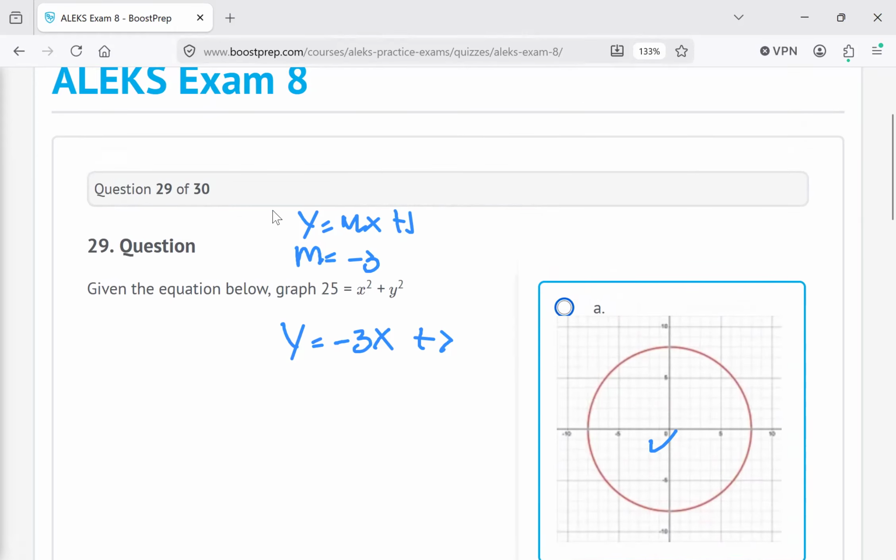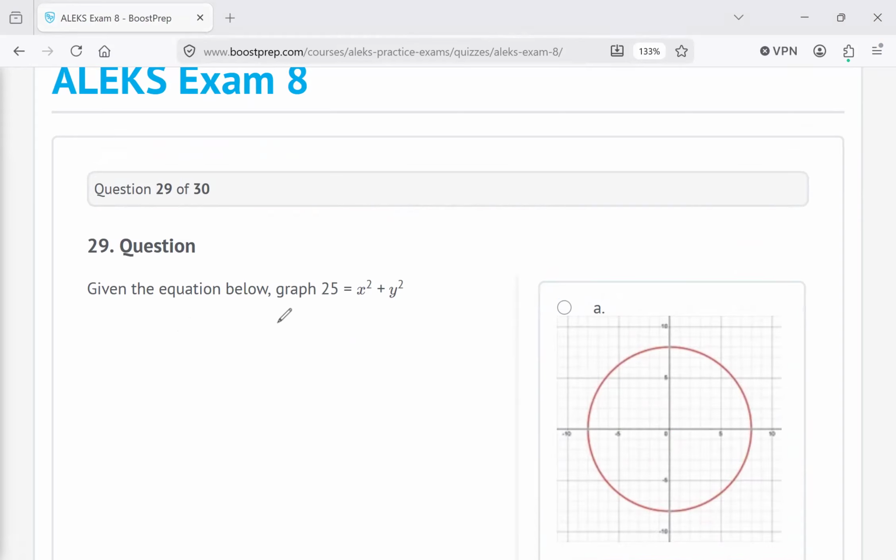This one is a circle graph. It says given the equation below, graph this. So you have x squared plus y squared equals 25, right? So what do we know? We know the center is going to be 0, 0, and then the radius is not 25, but the square root of 25, which is 5.